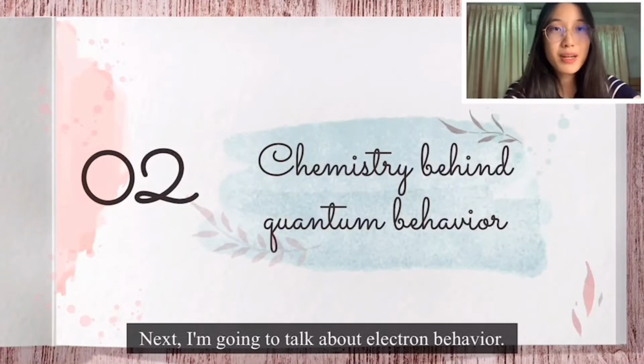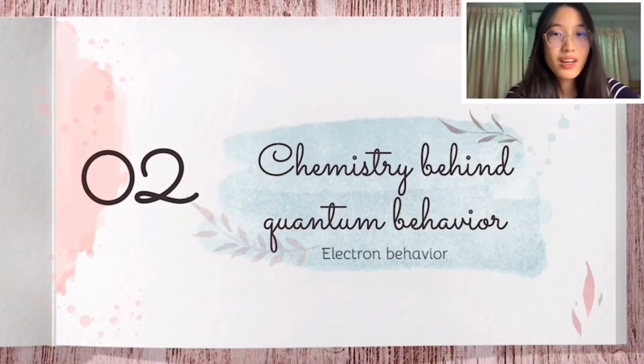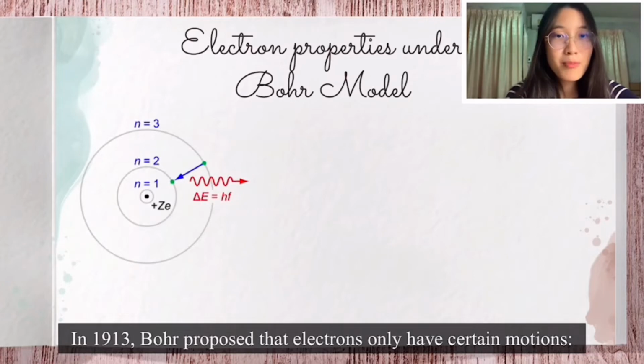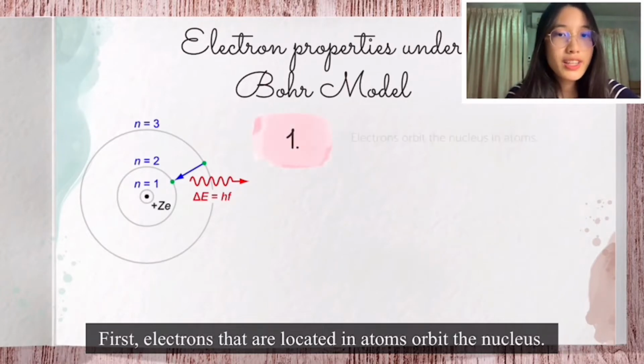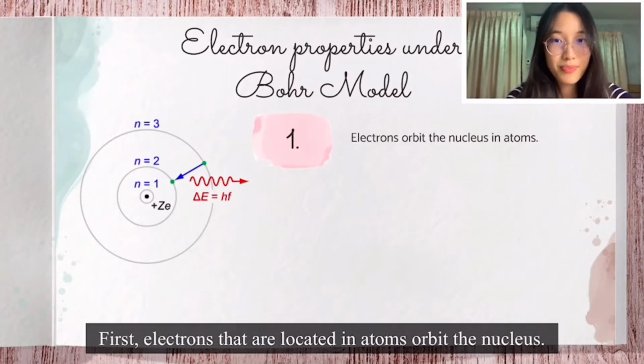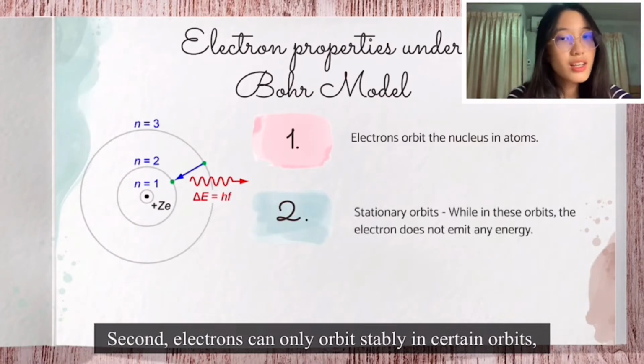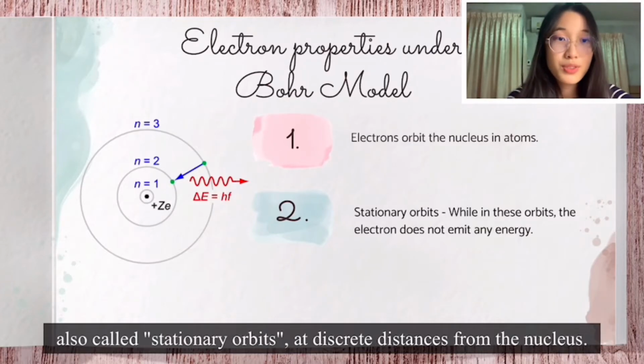Next, I'm going to talk about electron behavior. In 1913, Bohr proposed that electrons could only have certain motions. First, electrons located in an atom must orbit the nucleus. Second, electrons can only orbit stably in certain orbits, also called stationary orbits, at discrete distances from the nucleus.